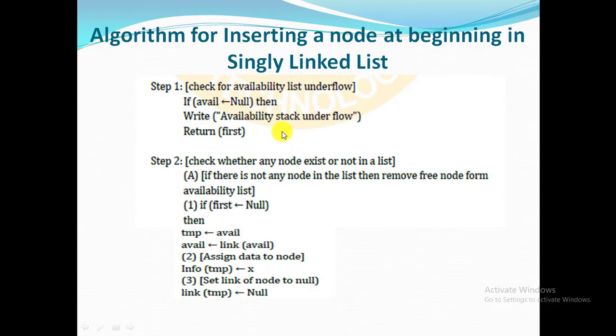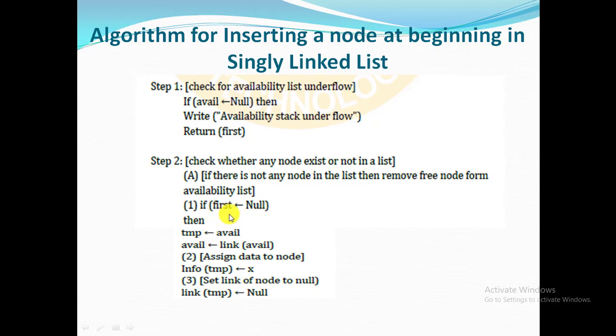Then we'll see the algorithm for inserting a node at beginning in singly linked list. First we have to check the availability list whether it is underflow or not. If avail is equal to null, then availability stack underflow. And in the next step, check whether any node exists or not in a list. If there is not any node in the list, then remove the free node from the availability list.